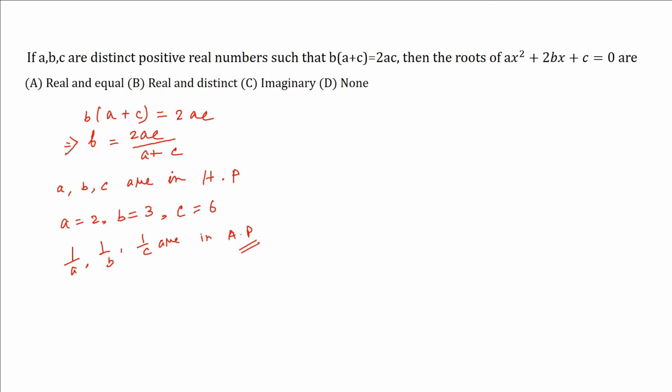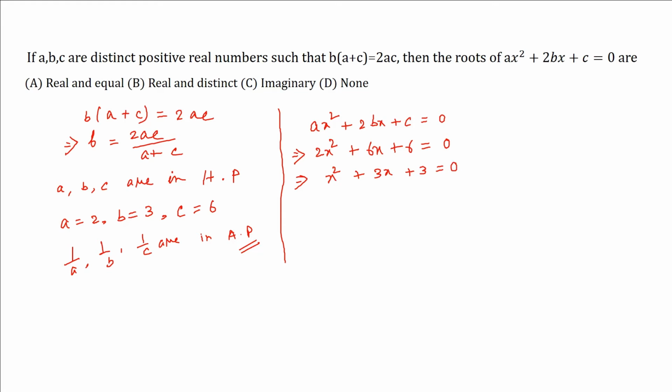Now, the given equation ax square plus 2bx plus c equal to 0, put the values of a, b, c: 2x square plus 6x plus 6 equal to 0, that is x square plus 3x plus 3 equal to 0.